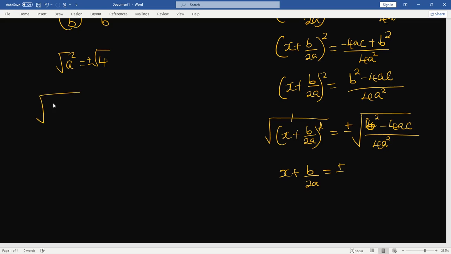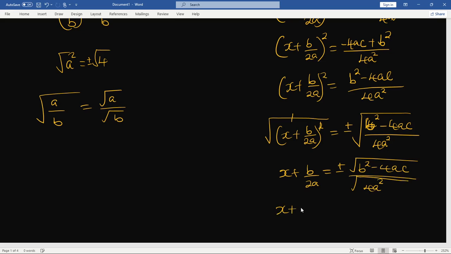laws of indices, if you have the square root of a over b, this is the same as the square root of a divided by the square root of b. So we're going to have the square root of b² − 4ac divided by the square root of 4a².